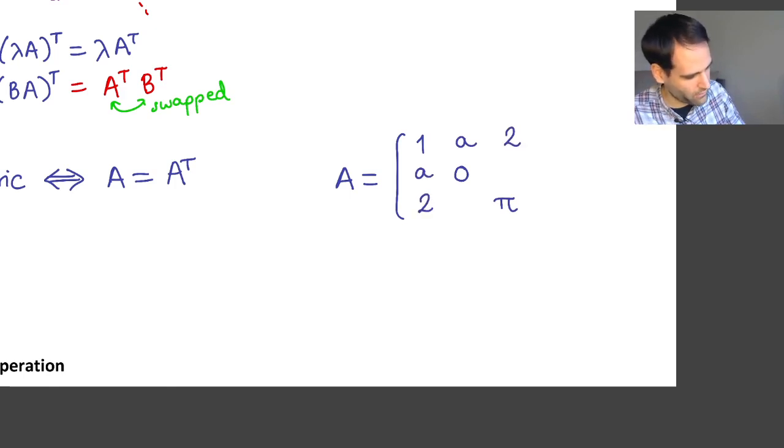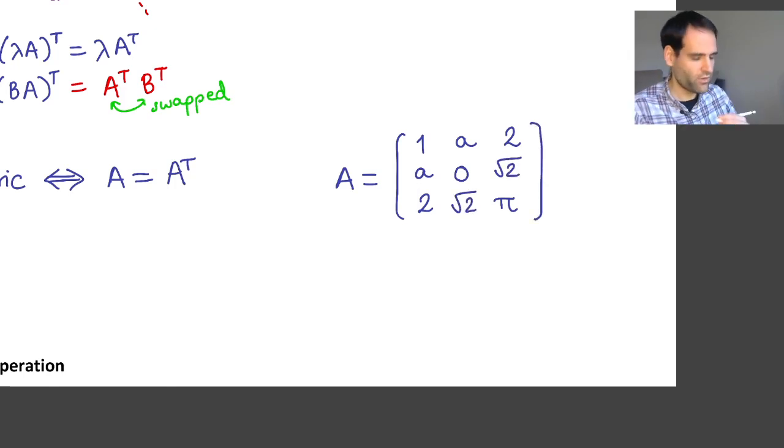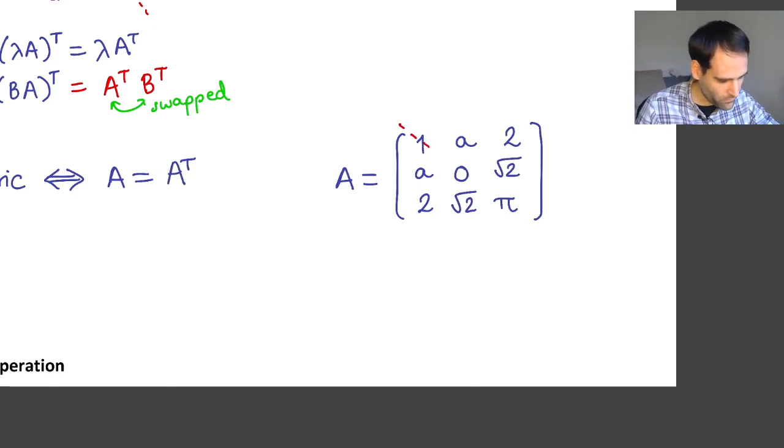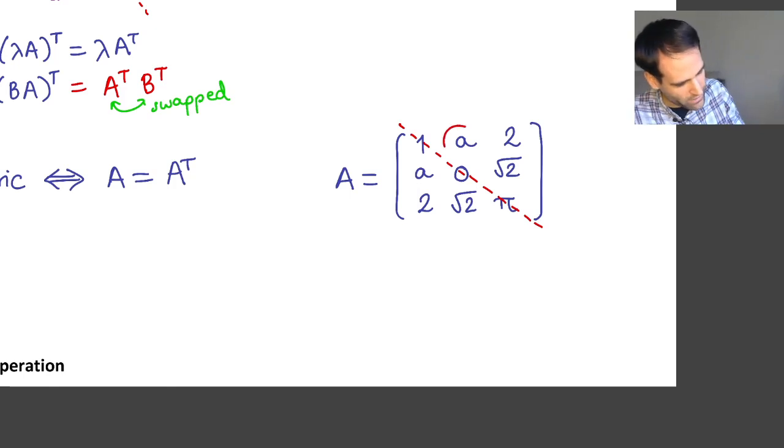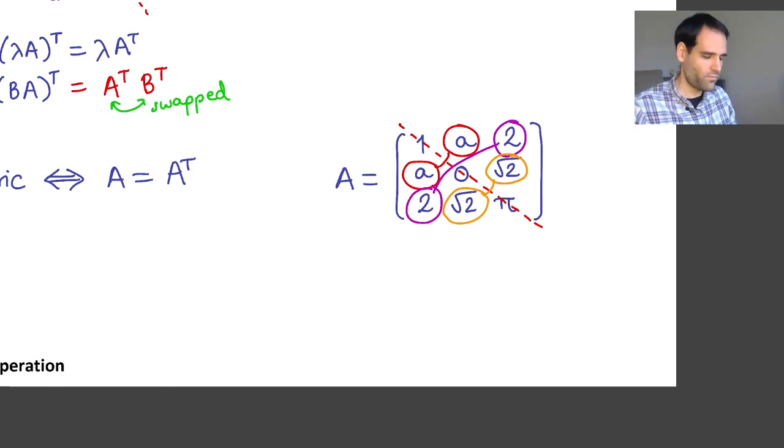If we have a square root of 2 here, we have a square root of 2 here. So A is equal to A transpose. What happens is that if you draw this diagonal, whatever is on one side of the mirror is copied on the other side. So that's a symmetric matrix.